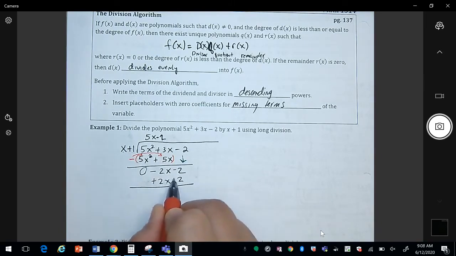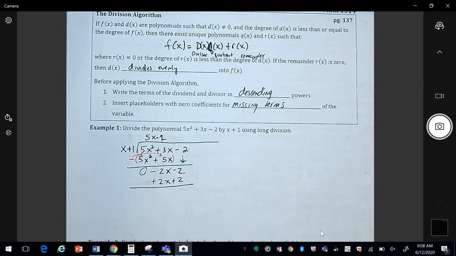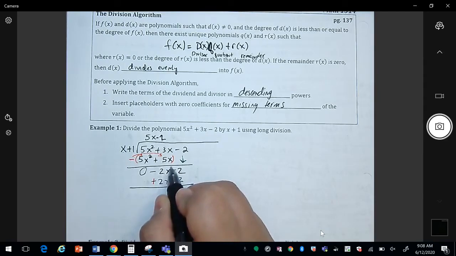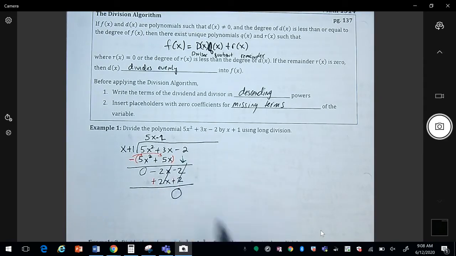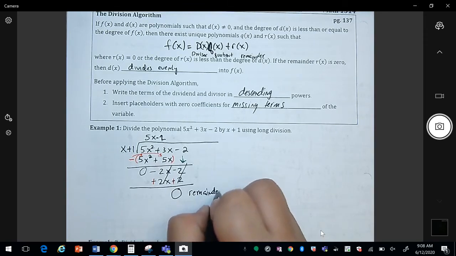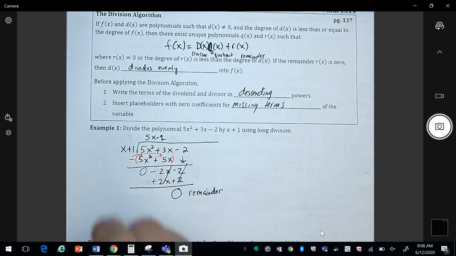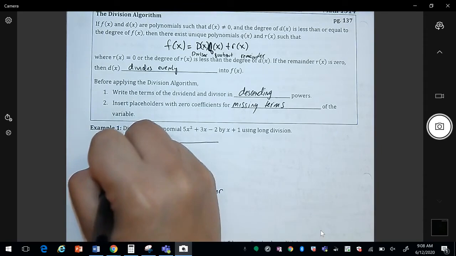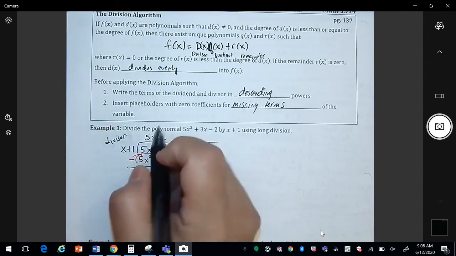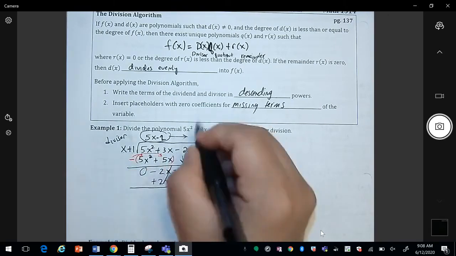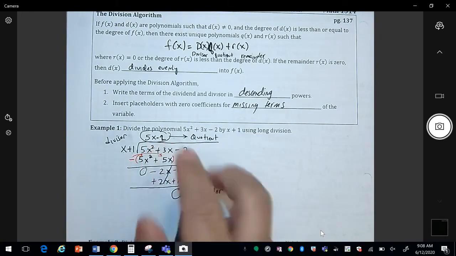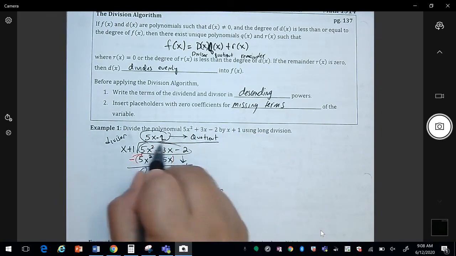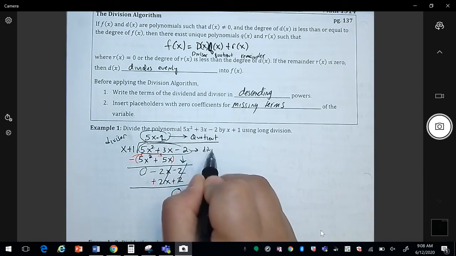And then negative and negative will also be positive. So negative 2x and 2x is 0. Negative 2 and 2 is 0. So we say that our remainder is 0. This is our divisor, x plus 1. And then our quotient is 5x minus 2. And everything in here is our dividend.